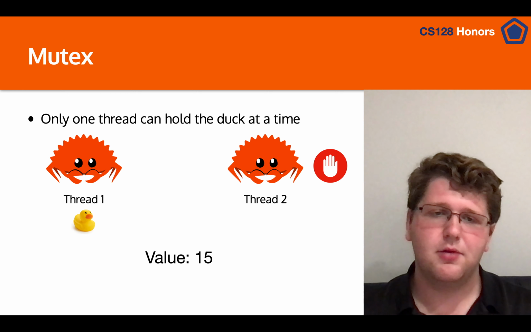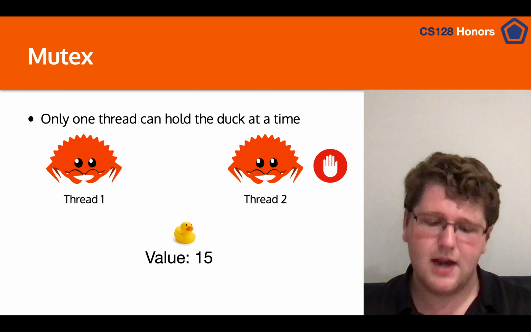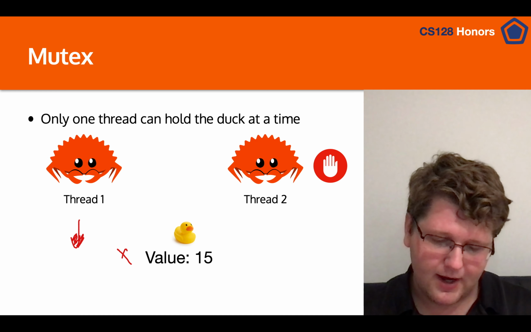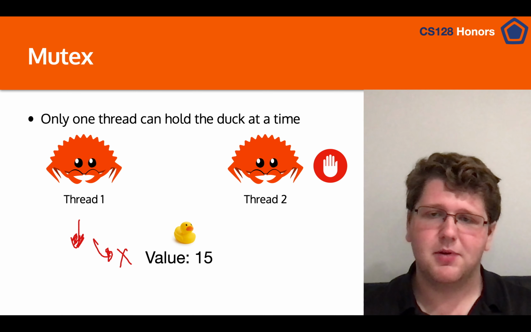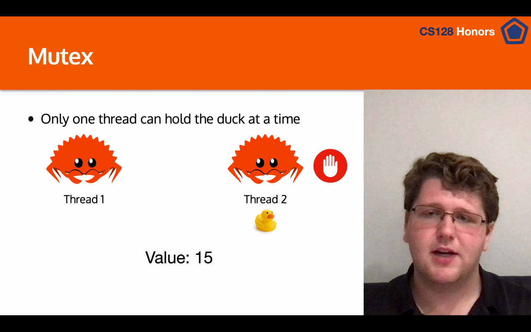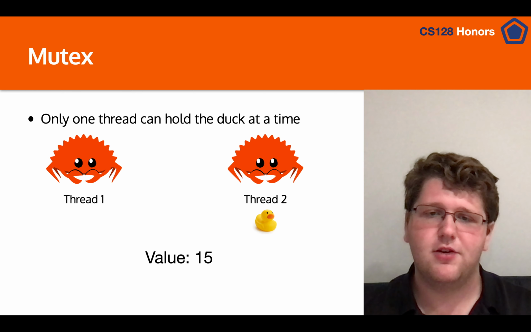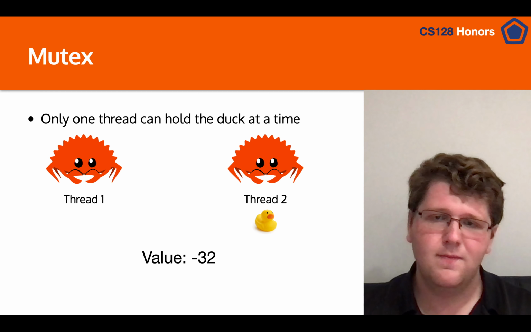When thread 1 finishes, it can return the rubber duck and continue on its way, and it cannot modify this value anymore. But now that the rubber duck has been returned, thread 2 can take the rubber duck and it will no longer be blocked. It can continue running and modify that value, say to -32.